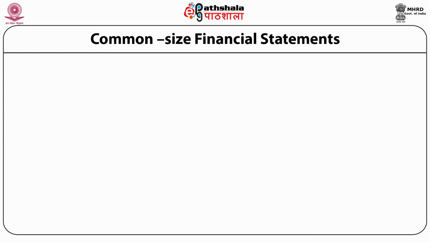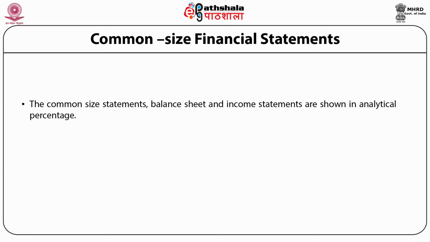Common size financial statements. The common size statements, balance sheet and income statement, are shown in analytical percentages. The figures of financial statements are converted to percentages. A. It is performed by taking the total of the balance sheet as 100.